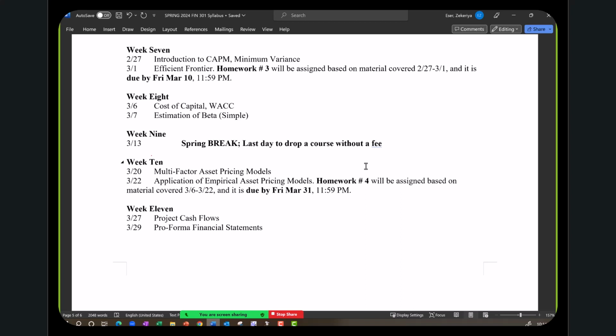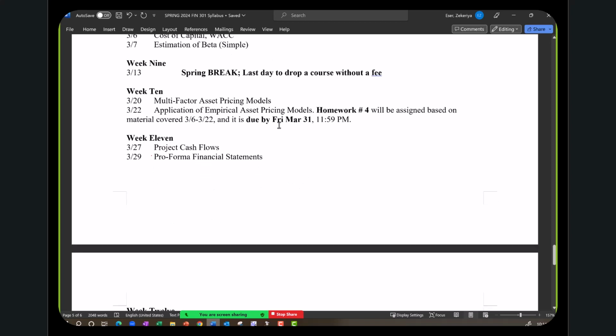We'll talk about the risk-return trade-off, talk about things like minimum variance portfolios, what sort of portfolios will be held, given what sort of asset pricing models. And that's kind of going to get us through the spring break. And after spring break, we'll talk about the so-called multi-factor asset pricing models. You'll know what that means when we get there.